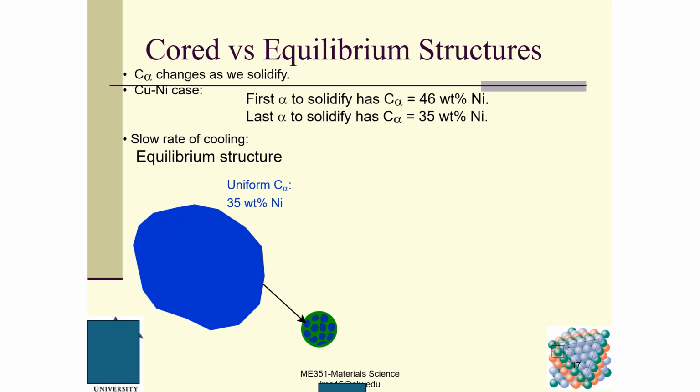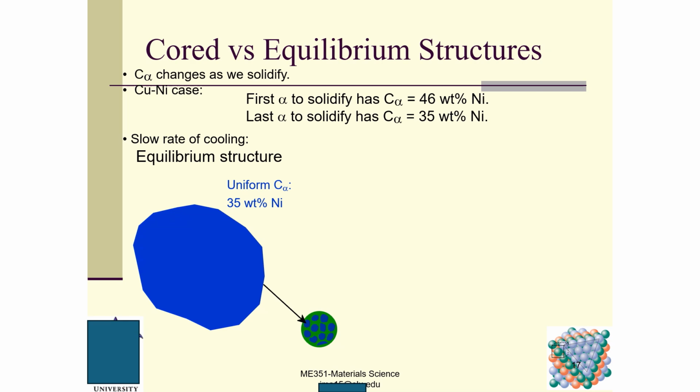So, cored versus equilibrium structure. And C alpha changes as we solidify. We just draw a vertical line. For the copper-nickel case, the first alpha to solidify has 46 weight percent of nickel, and the last alpha to solidify has 35 weight percent of nickel.